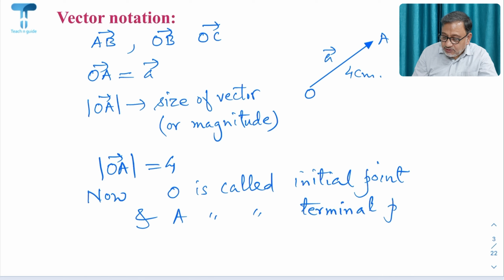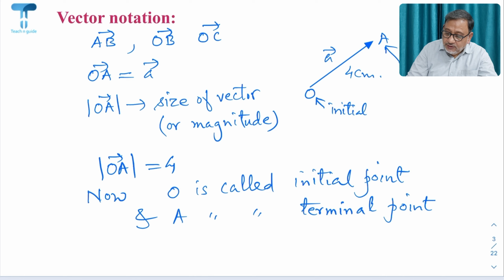Any vector will always have an initial point and a terminal point. So here O is the initial point and the terminal point is A. I can also have some other vector.